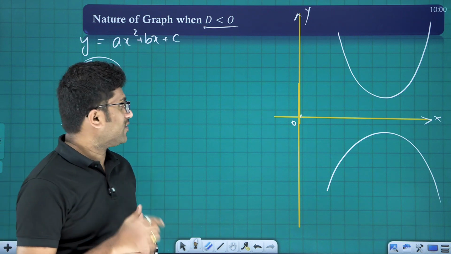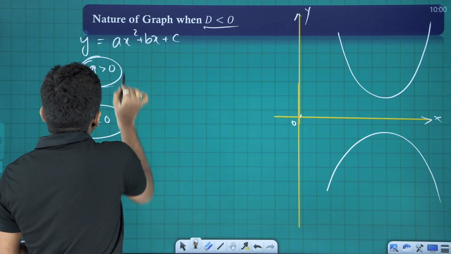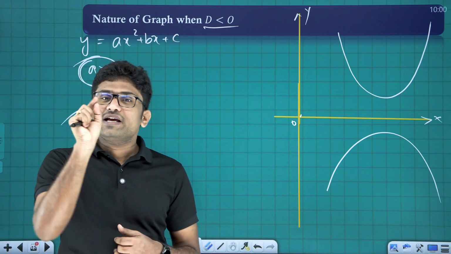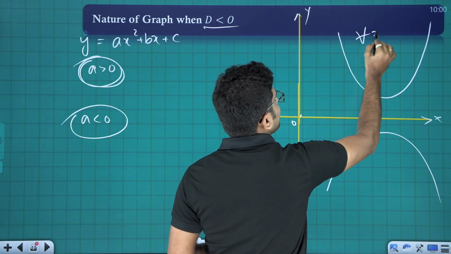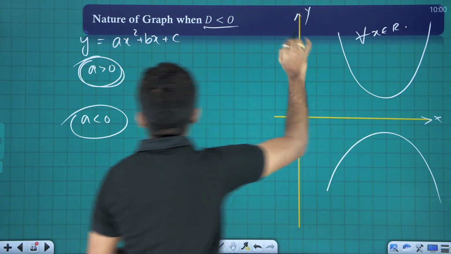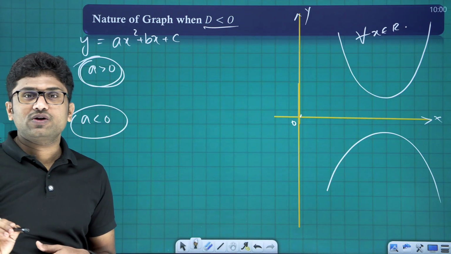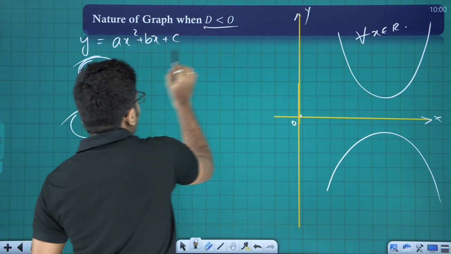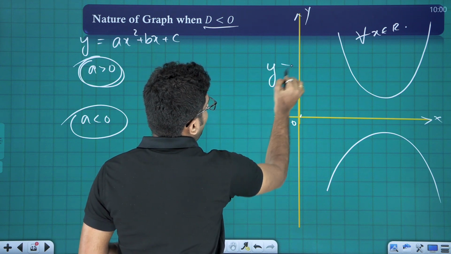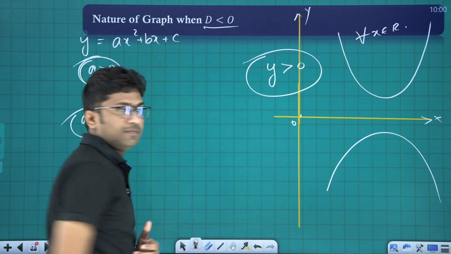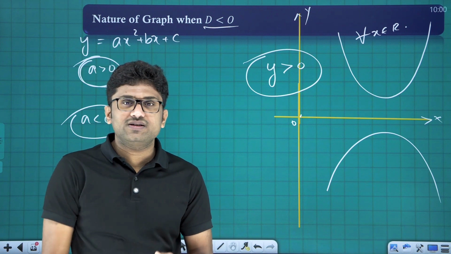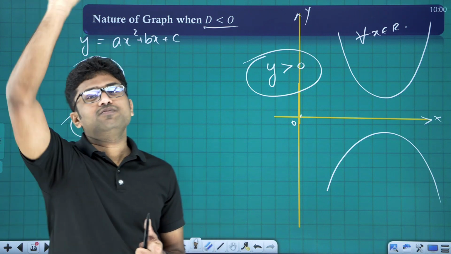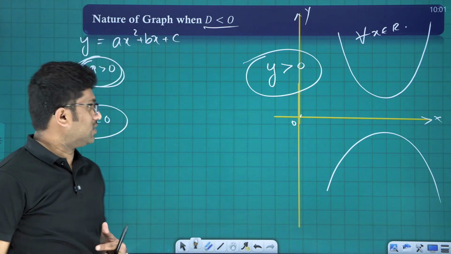And in this case, see friends, for all x belongs to R, the quadratic expression will always be greater than 0. So for any real value of x, the value of y will always be greater than 0.